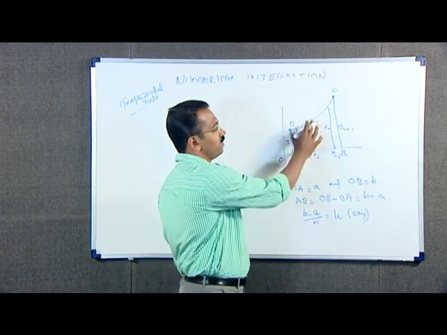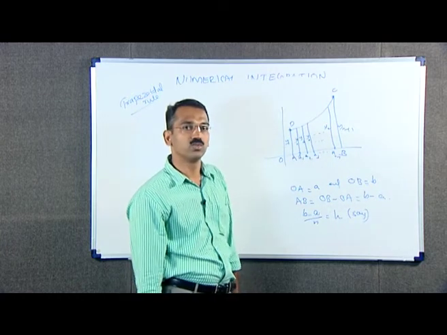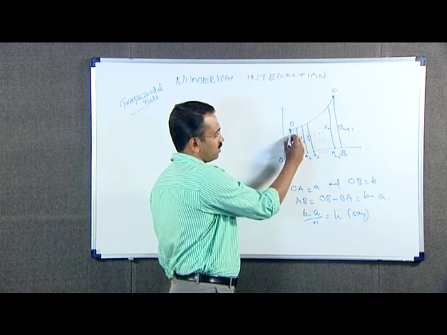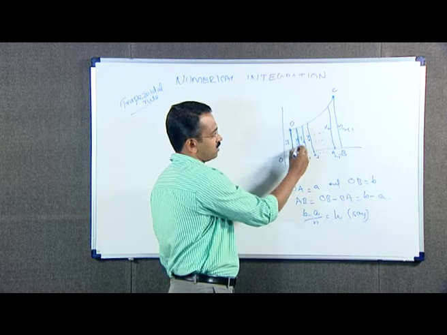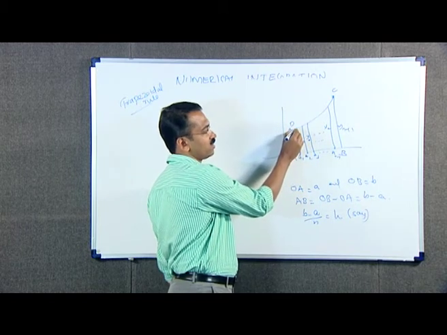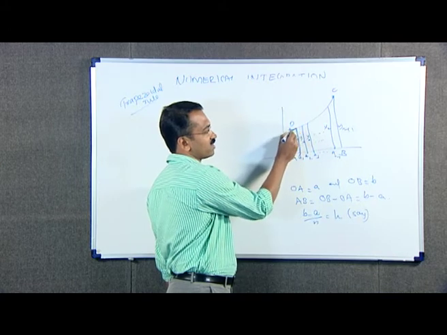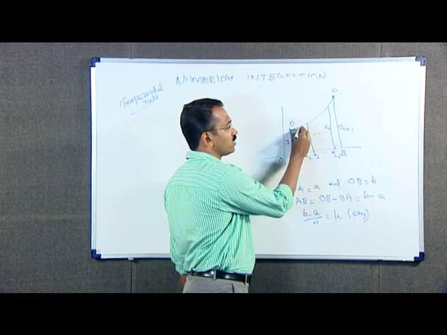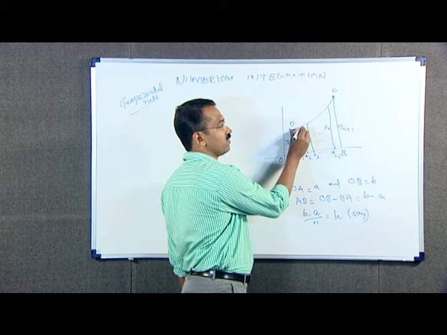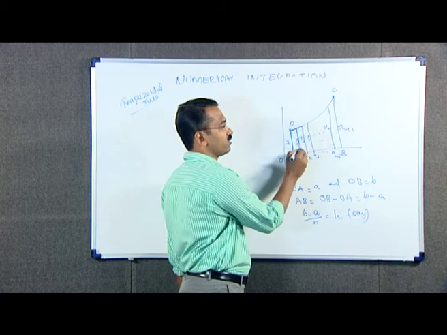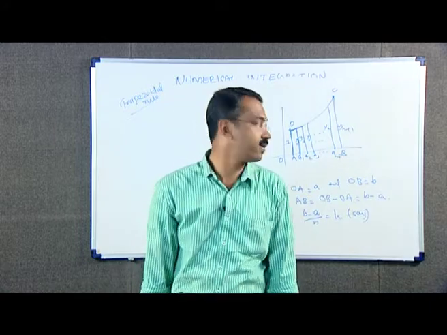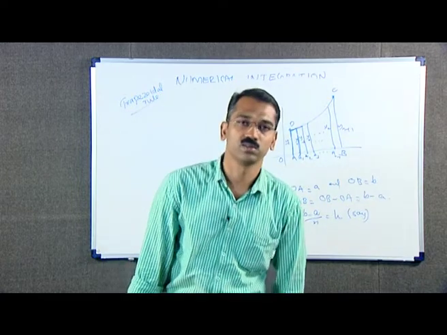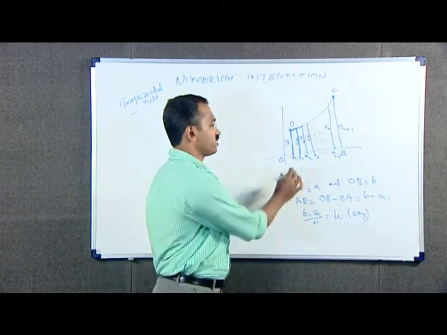Now, the total area is divided into n trapeziums, just like this. Consider this as a trapezium. We just approximate this portion of arc by a straight line. Similarly, the next division also, this is the portion of the curve. We approximate this curve by a straight line, then we will get a trapezium. That is, the total area is divided into n trapeziums, all having the same width h.